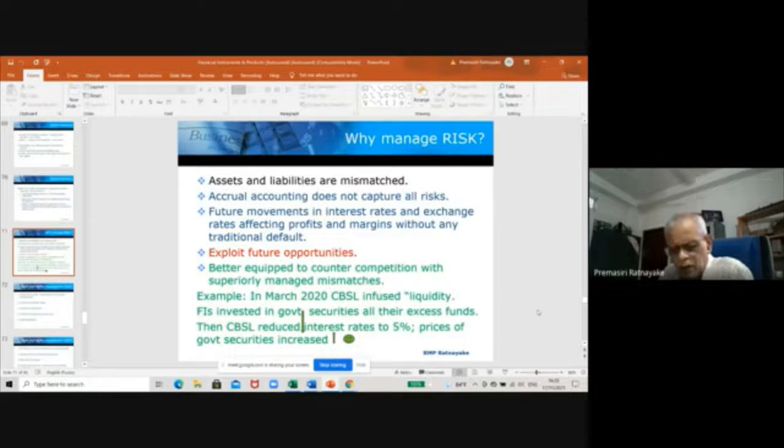So it is always high yielding assets and then low interest expenses on the liabilities. So naturally there should be a profit, provided the liquidity is maintained by the institution and the reputation is maintained by the institution.